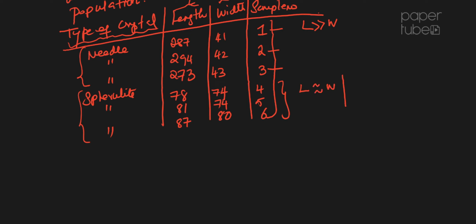This is what you can expect for a spherical particle. Their length and width will be almost identical, whereas for the needle-shaped crystals, the length will typically be much larger than the width. So that's the data that you have. You have to implement the KNN algorithm and prove how many categories we have in the data set.